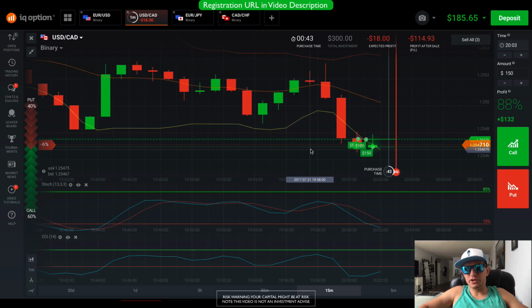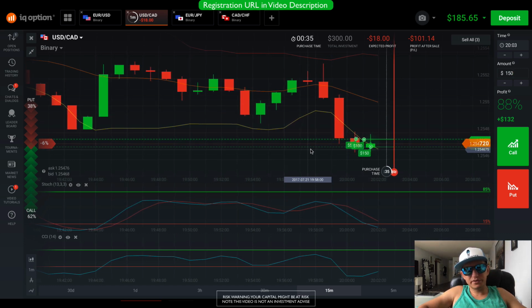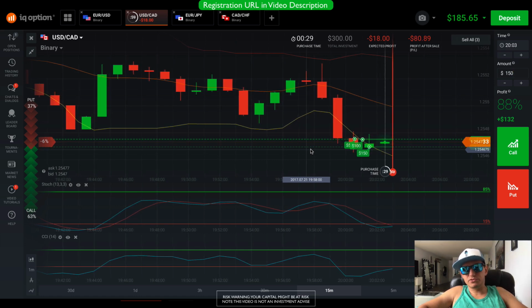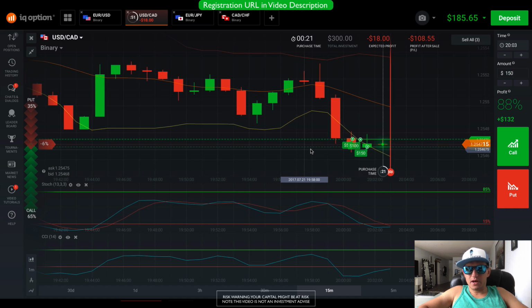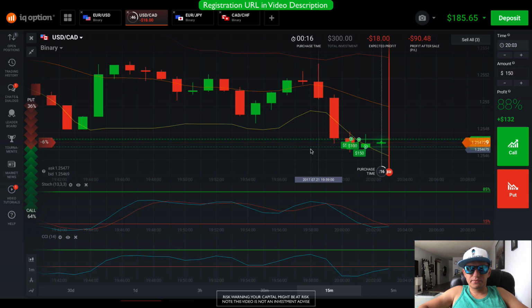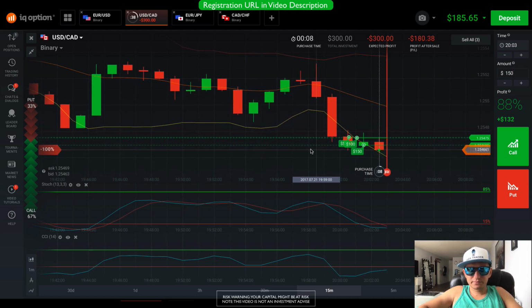It's going to be a backup trade, so just in case there is not enough movement at the level of those 2 previous trades, this third one is going to back up the previous 2, and in case they are not going to end up in the money, I'm not going to lose a lot. So the total amount of my 3 trades is $300, and the profitability of this asset is 88%. So let's see how it ends up.